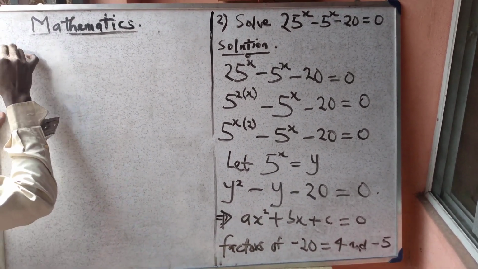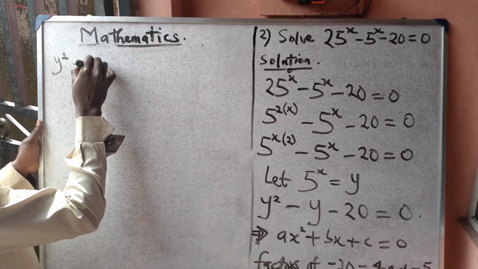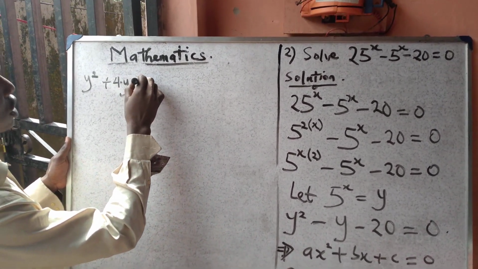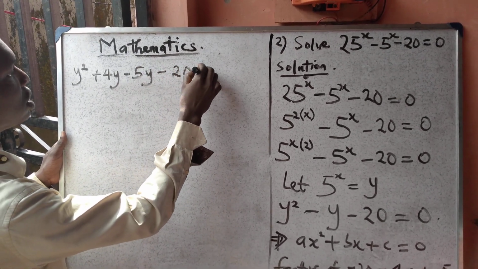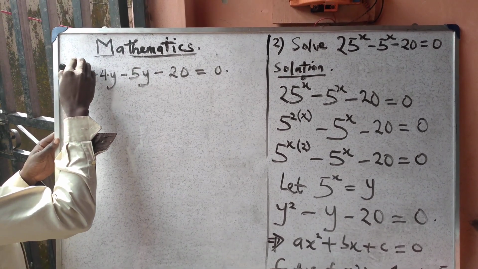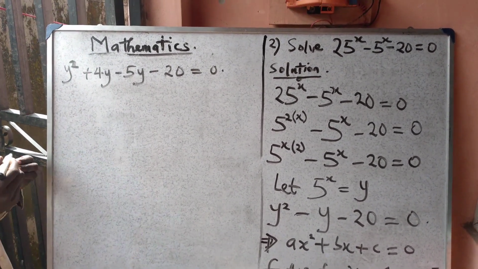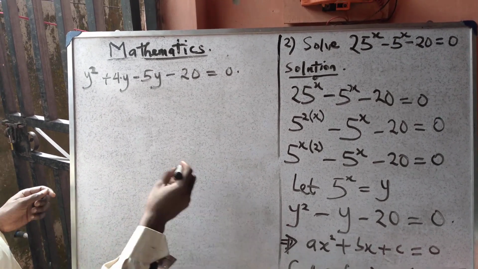So this then becomes y squared plus 4y minus 5y minus 20 equals 0. Okay, so group them.